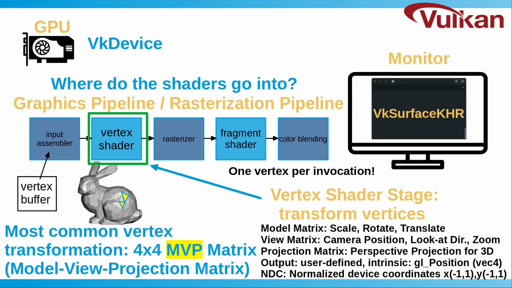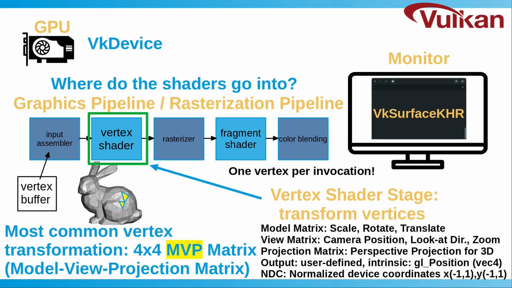Our monitor, basically. So for that, we're applying a perspective projection, which can be expressed in a projection matrix. So all these 3 can be multiplied together, and then we have the MVP matrix, and this is what is applied in the Vertex Shader per vertex.